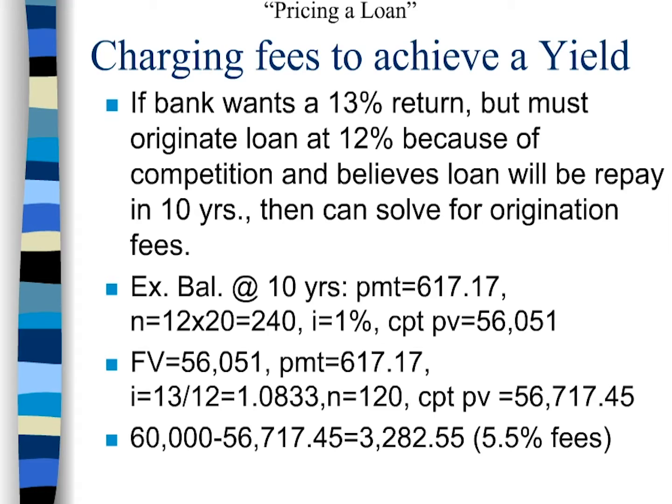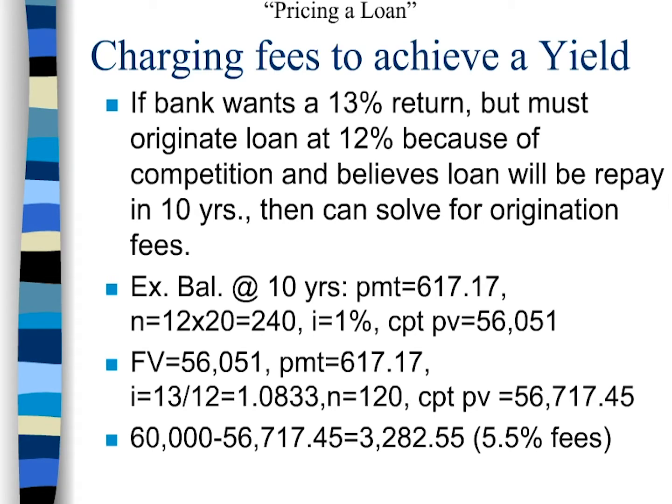The interest rate now, though, we want a 13% return. So we take 13 divided by 12, which works out to 1.0833, and we use that in our calculator. N is 120, because we're holding this for 10 years, so 12 times 10. And then we solve for what the present value would be here. The present value comes up $56,717.45.